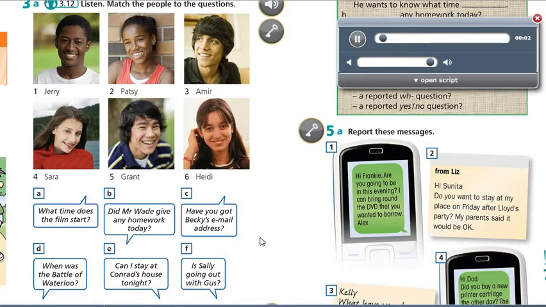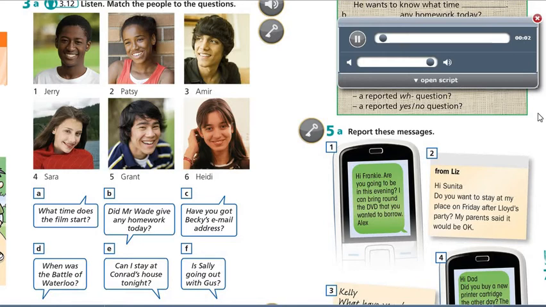I'd better phone him. 4. What? Who's that from? It's from my sister, Sarah. She wants to know when the Battle of Waterloo was. What? Why does she want to know that? She's in a quiz, and she says that nobody in her group knows the answer. Do you? Of course. 1815. 5. That was Grant on the phone. He wants to know whether he can stay at Conrad's house tonight. Oh, yes, that's right.